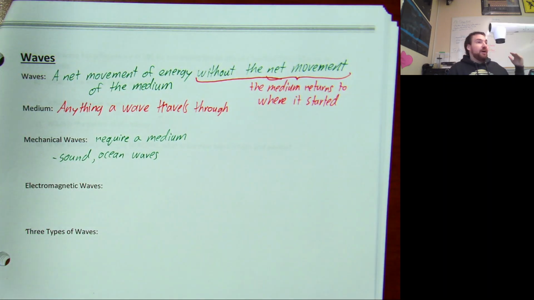So the water might be calm, and then the wave travels through, the water goes up, the water goes down. Actually, water waves are more complicated than that. Water waves actually cause a swirling motion. But the individual water molecules themselves, after the wave has passed, are back where they started. So there's no net movement.